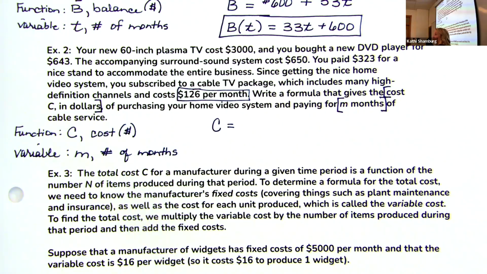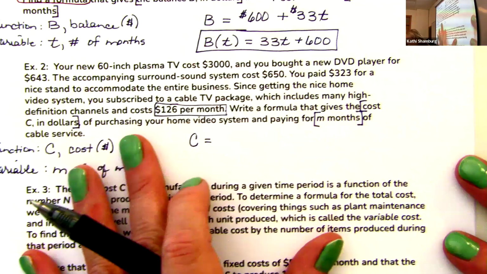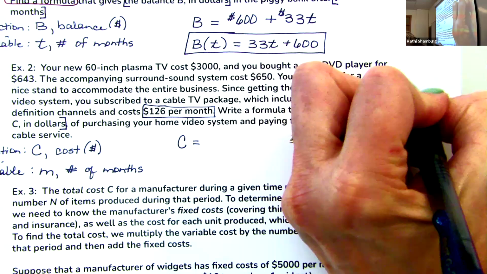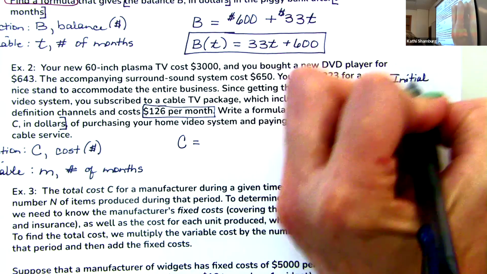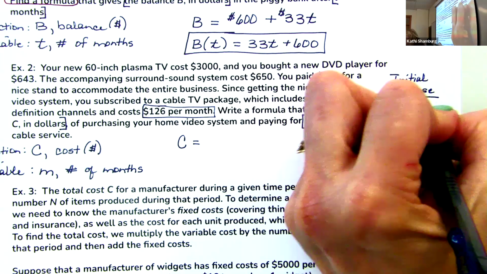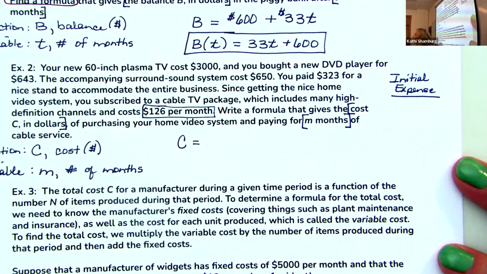What would I have to do? I'm going to have to add up all the things that I bought, right? So I'm going to look at what my initial expense would be. This is money I spent that was not dependent upon what's going on per month.